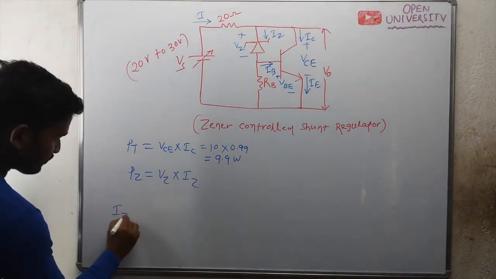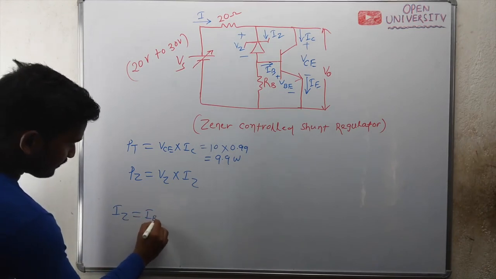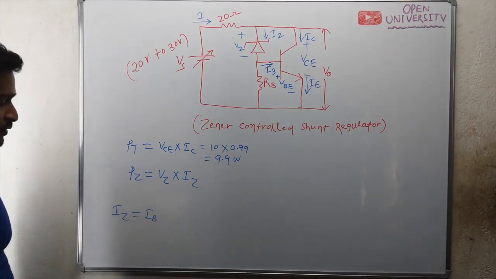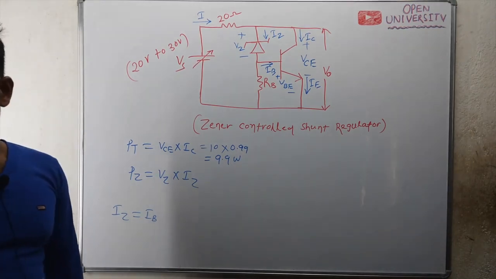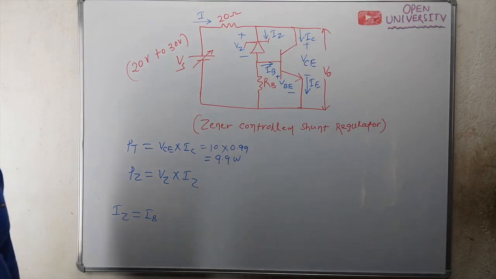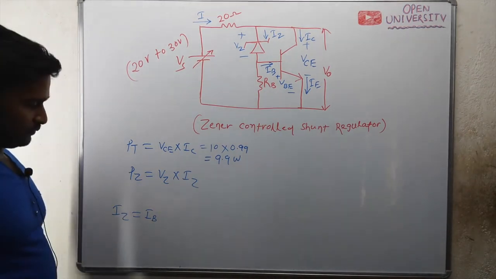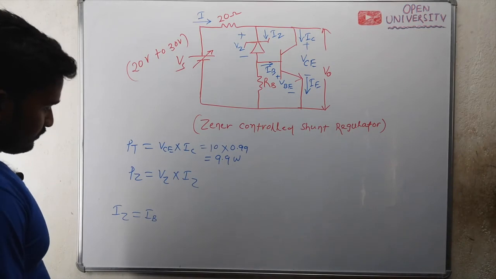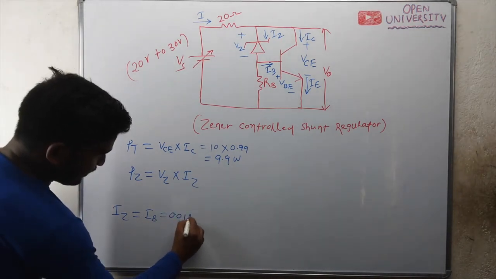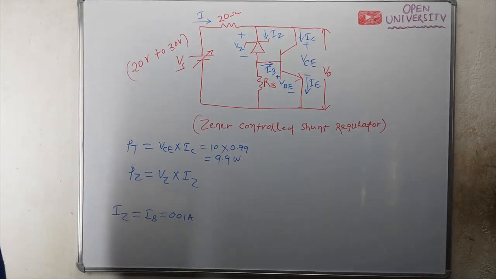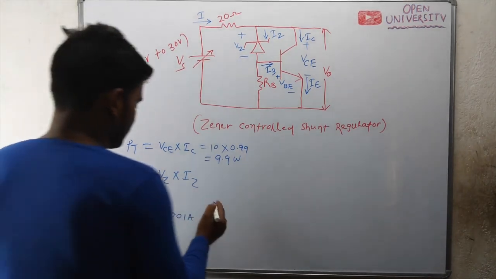Iz equals Ib, and we calculated the Ib value. Ib was 0.01 ampere.